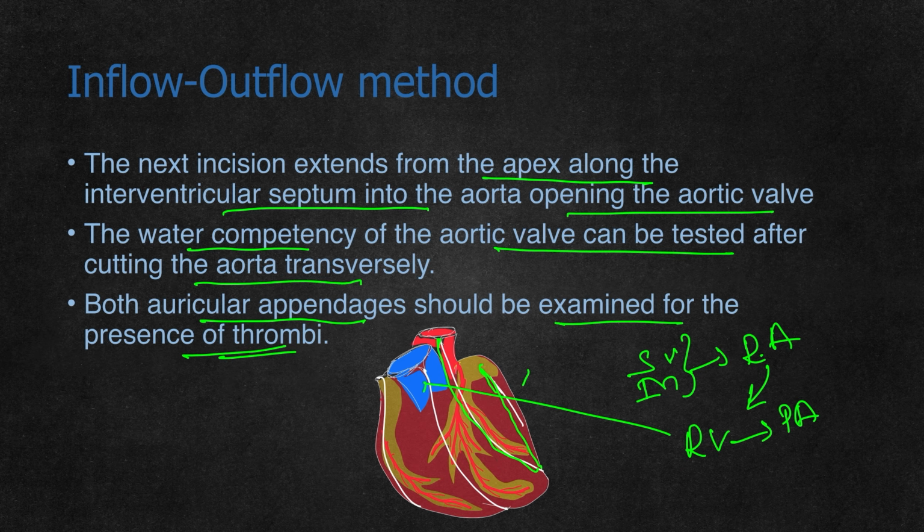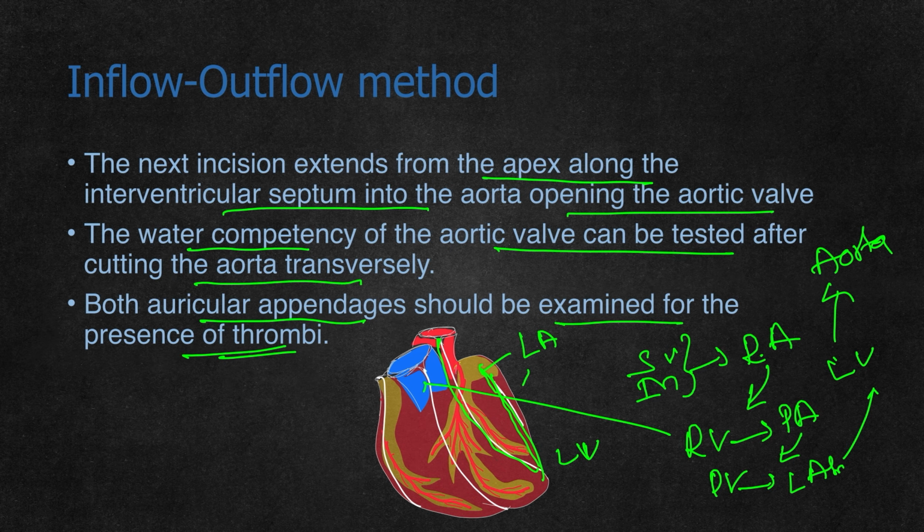From the pulmonary arteries to the pulmonary veins, from the pulmonary veins to the left atrium, from the left atrium to the left ventricle, and from the left ventricle to the aorta. So that completes the heart dissection. So this is the inflow to outflow method.